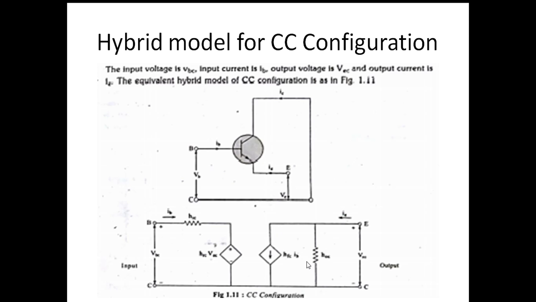Next, the remaining half is developed by using the second equation, that is the output current equation. Output current is IE. IE is equal to HFC IB, where IB is the input current, plus HOC VEC.